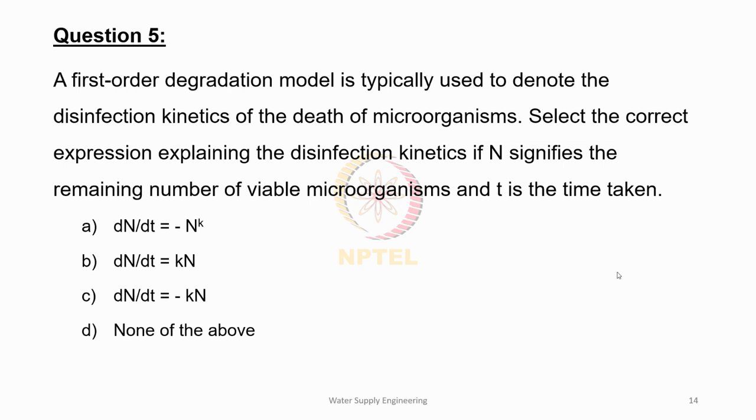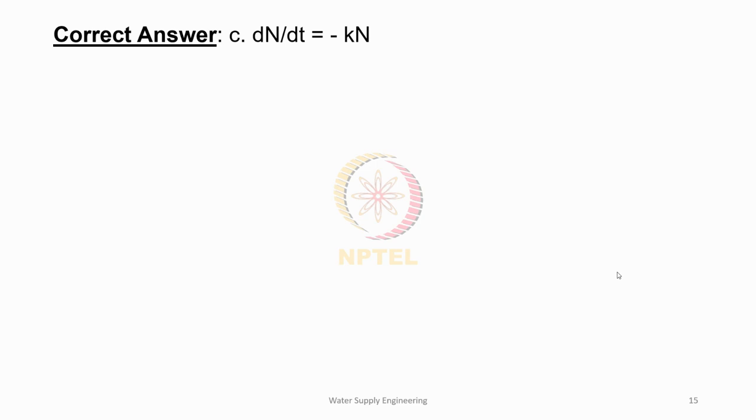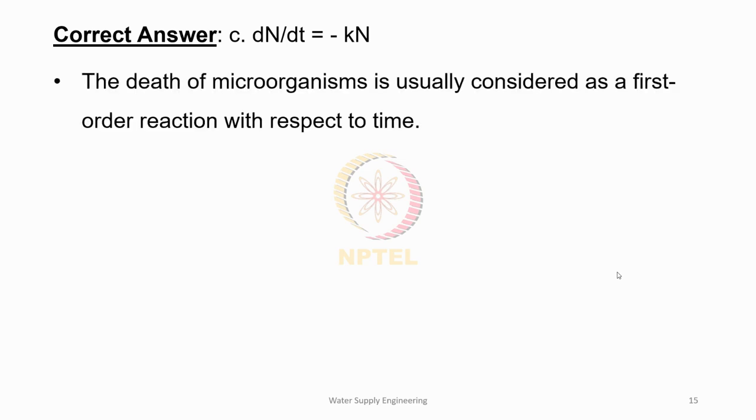Okay, I have two different answers in the chat box. So the correct answer is option C, dN by dt is equal to minus kN. The death of microorganisms, or the disinfection kinetics, is usually considered a first order reaction with respect to time.